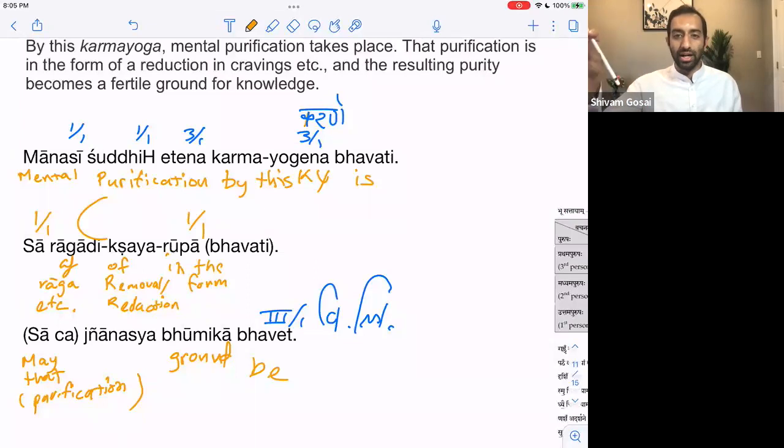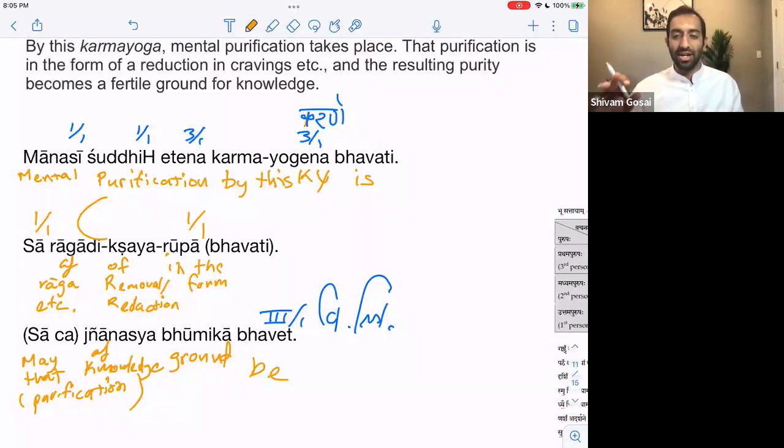So the ground of knowledge. May that shuddhi be the ground of knowledge.